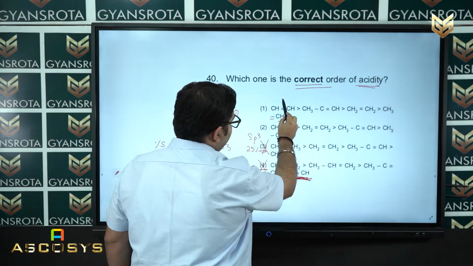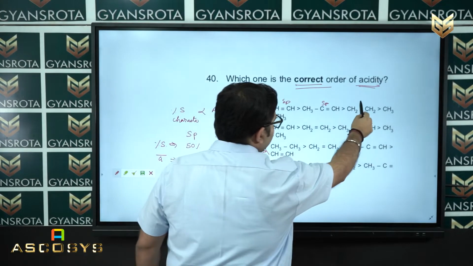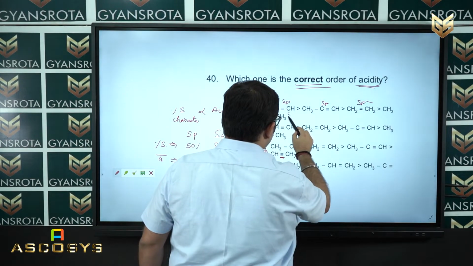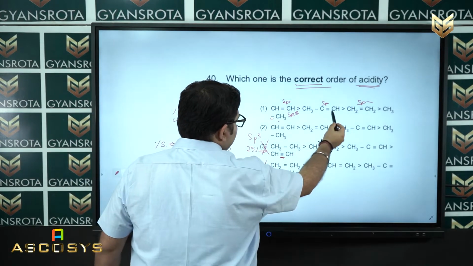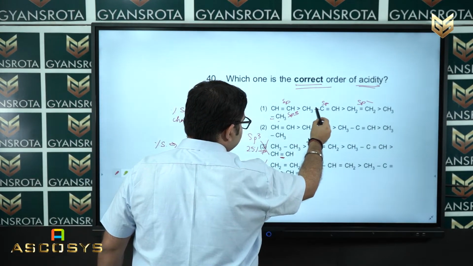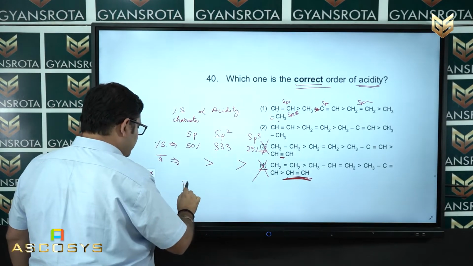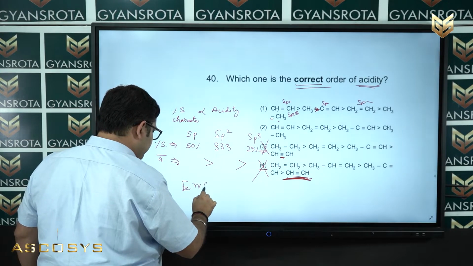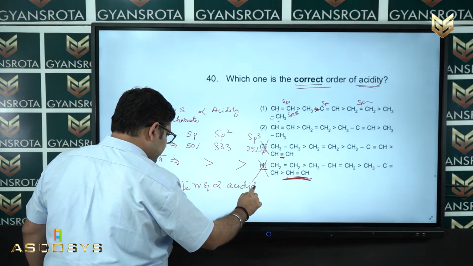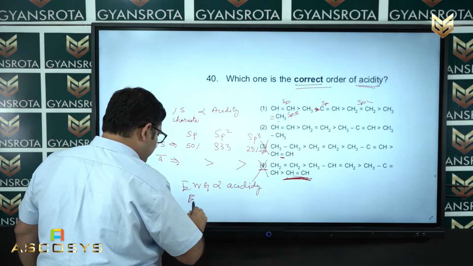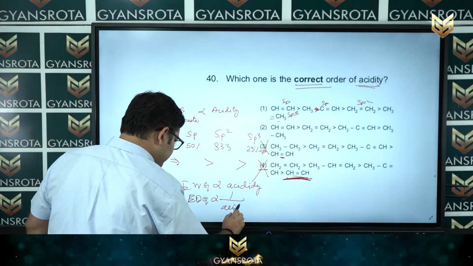Here this is also sp, this is also sp, and this is sp2, this is sp3. Now, here a donating group is there, but here no donating group. One more thing, an electron withdrawing group is directly proportional to acidity and an electron donating group is inversely proportional to acidity.